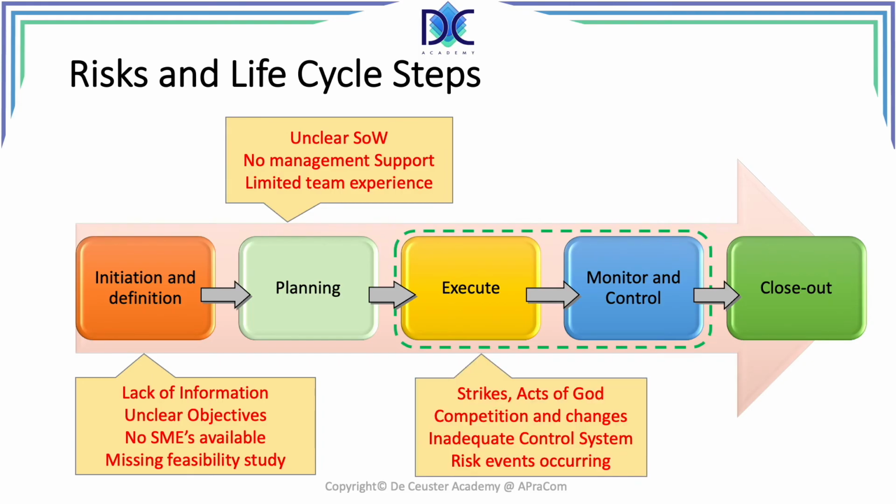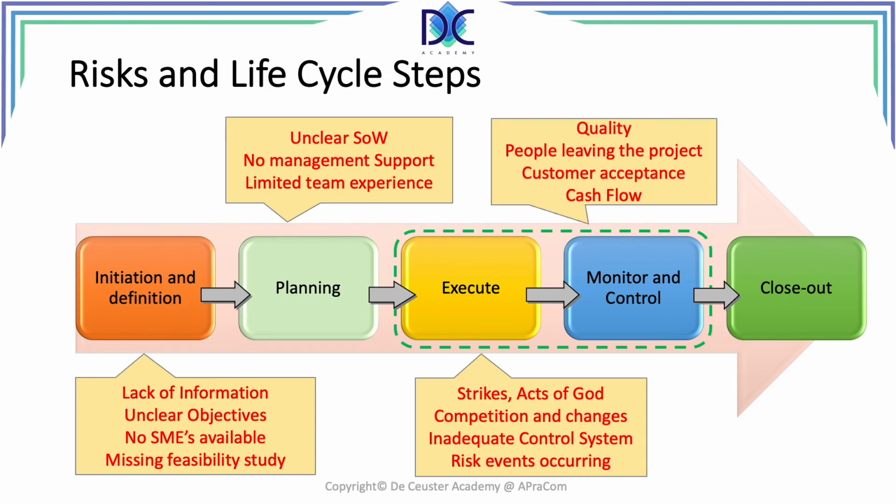During execute, monitor, and control, basically during execution, we can have strikes, acts of God, competition and changes. We may have an inadequate control system, and we can have the classical risk events that are occurring. When we look at monitor and control, we may find issues of quality.